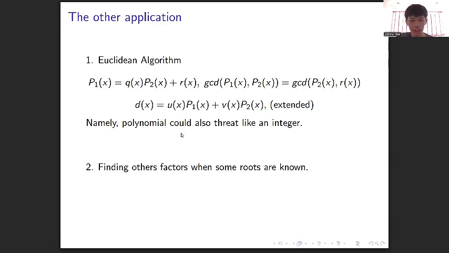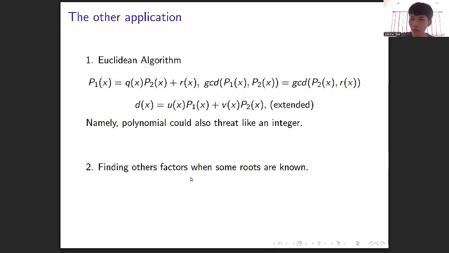The second application is finding other factors when some roots are known. When some roots are known, we can write factors like x minus 2 and x minus 3 if the roots are 2 and 3. This is very useful.